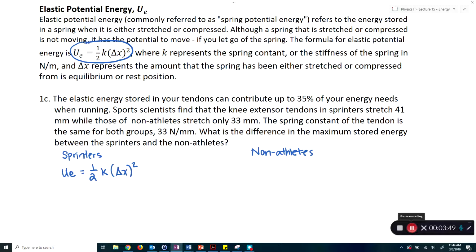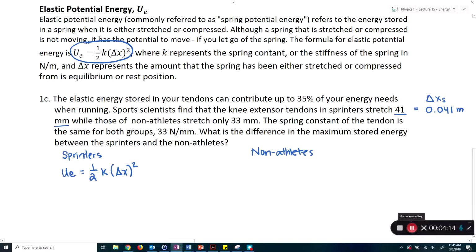So for the sprinter, it says it can stretch 41 millimeters. So then that would be the delta x for the sprinter. Now remember, everything has to be in SI units, so we need to change that 41 millimeters into meters. So that would be the same as just dividing it by 1,000, so we'd get 0.041 meters. So that's my delta x for the sprinters.